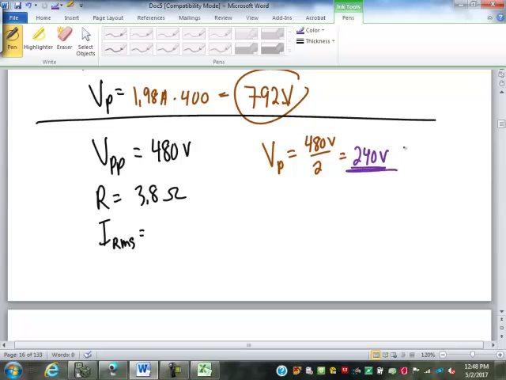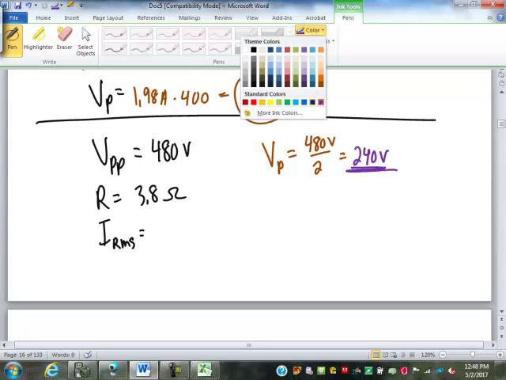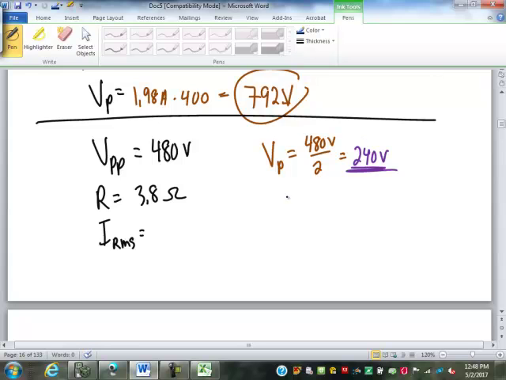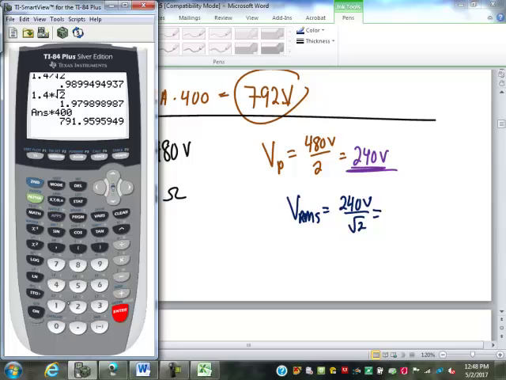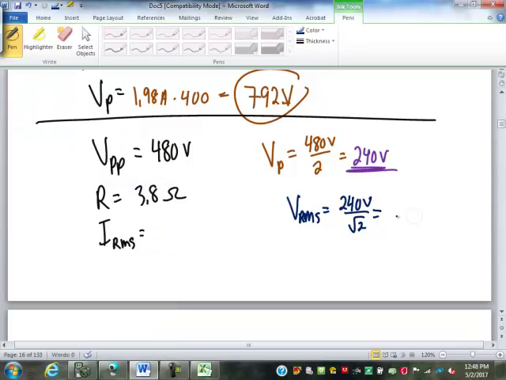So 480 divided by 2 gives us 240 volts. Then we have to convert that to RMS. So 240 volts divided by the square root of 2. So we've got an RMS of 169.7.